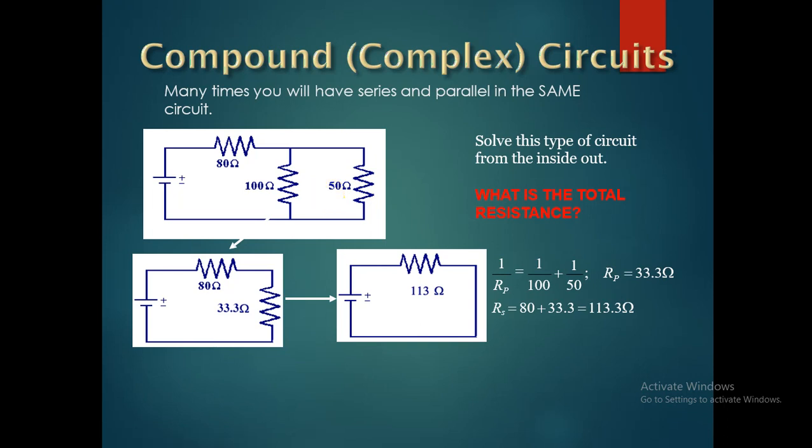When these two are connected in parallel, this value will become smaller by using 1 by R is equal to 1 by R1 plus 1 by R2. You can find this easily. And finally, we have to find the total resistance of the circuit, like 113.31.